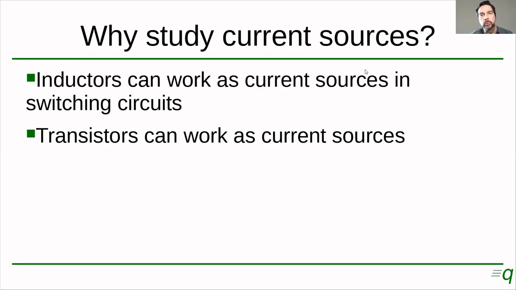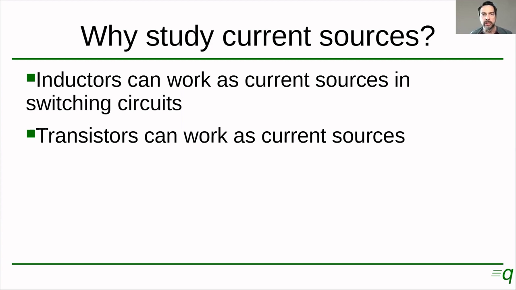Why would we want to study current sources? Well, there are some devices that can work as current sources, right? And to understand how they work and how they behave in electronic circuits, it is very helpful to understand how a current source works and behaves in an electronic circuit.